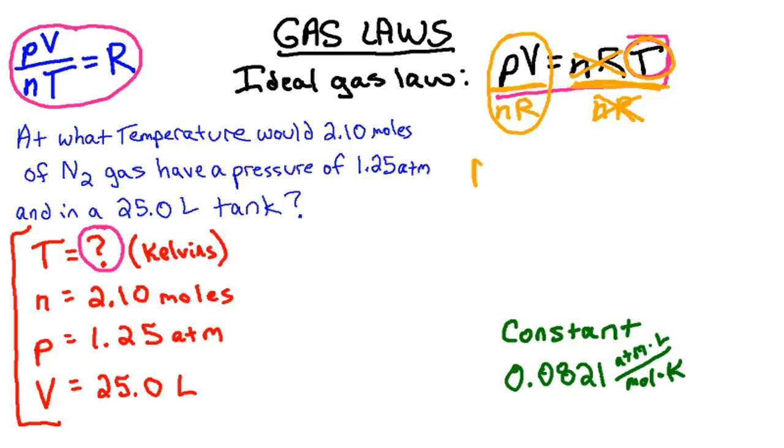So we're going to have PV divided by N times R equals T, the temperature, because that's what we're looking for.